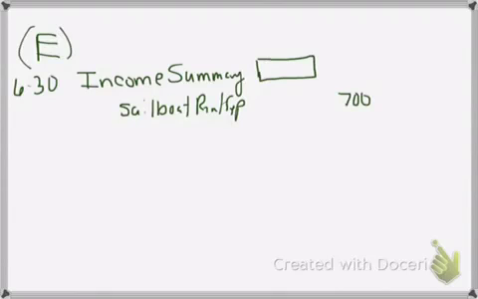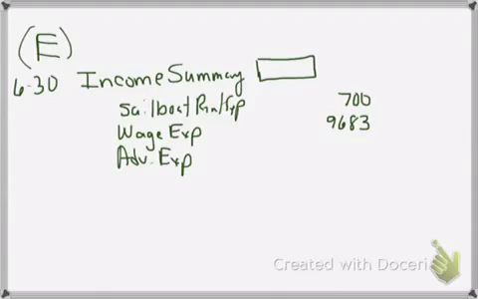I then have wage expense, and for wage expense, it's at $9,683. I will have advertising expense, and for advertising expense, it's going to be $890.